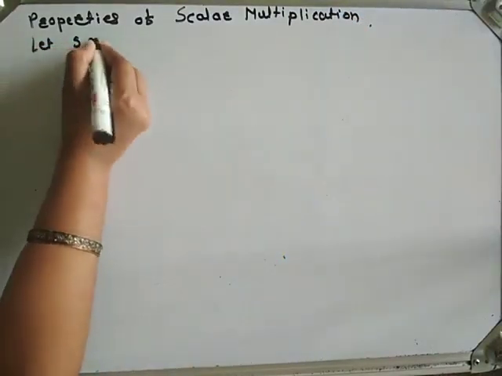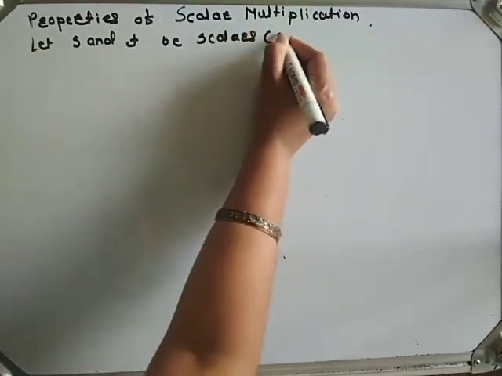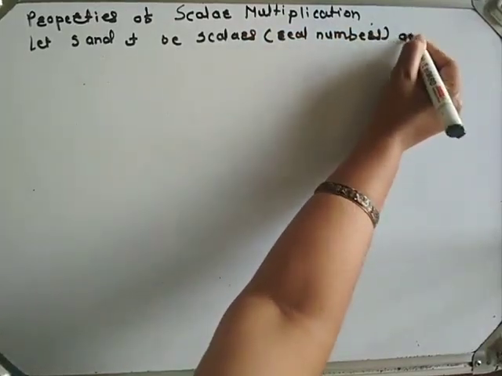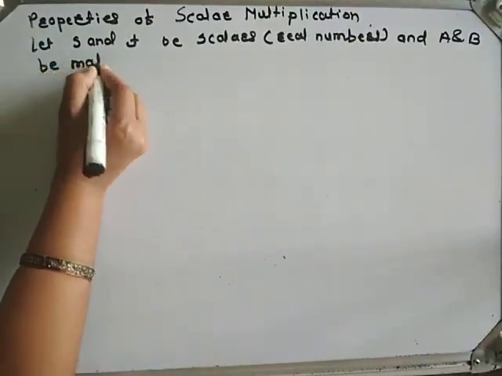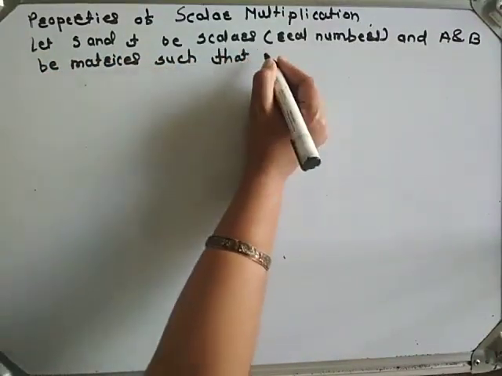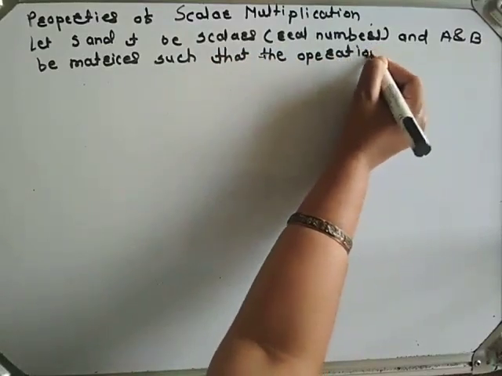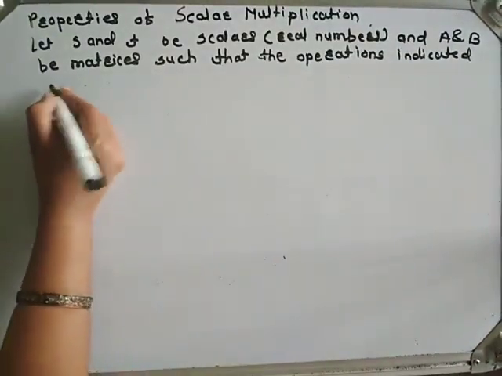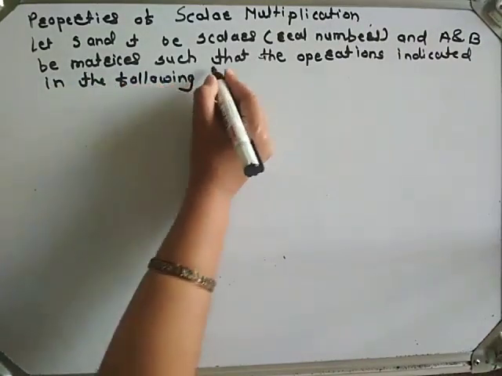Let S and T be scalars. Scalars are nothing but real numbers, and A and B matrices such that the operations indicated in the following are compatible.